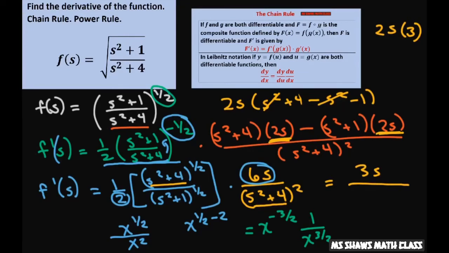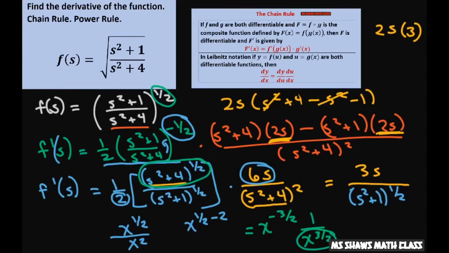So what's going to happen is I'm going to have my s squared plus 1 to the 1/2. But now this part in here is just going to be like this x to the 3/2.